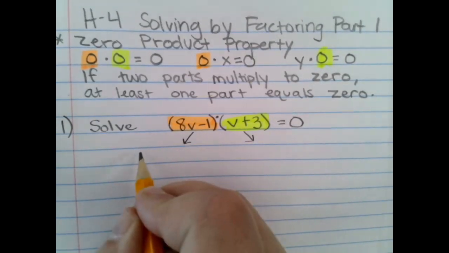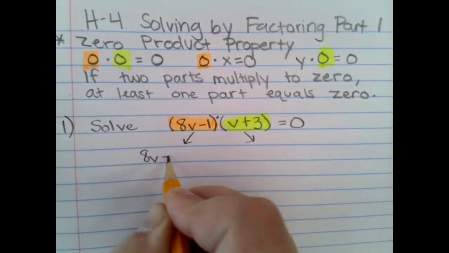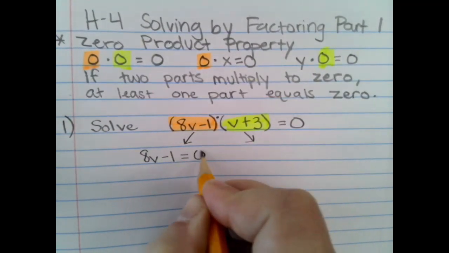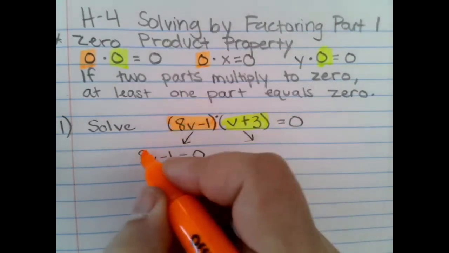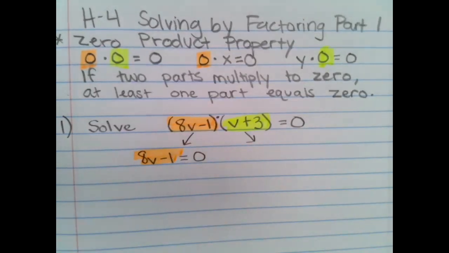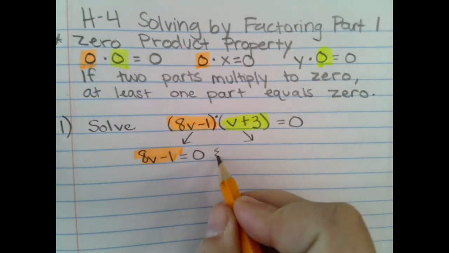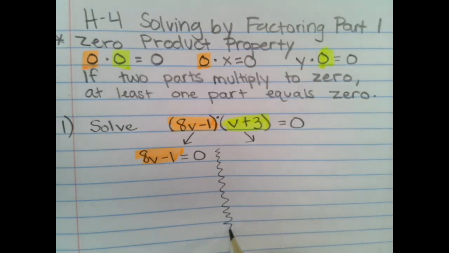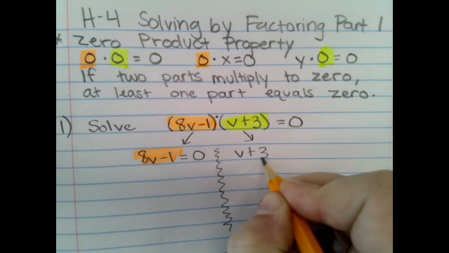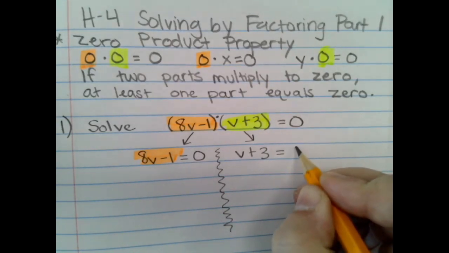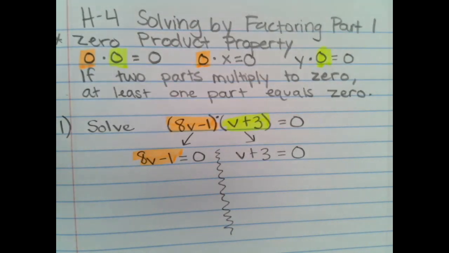Either that first part, 8v minus 1, is going to equal 0. Or, what's the second case? v plus 3 would equal 0.